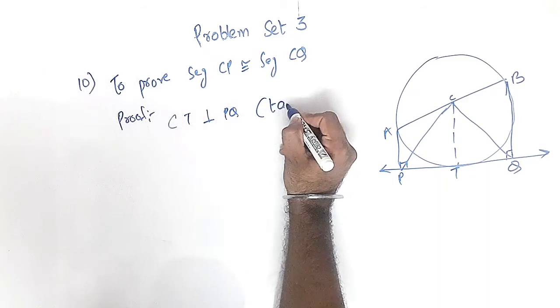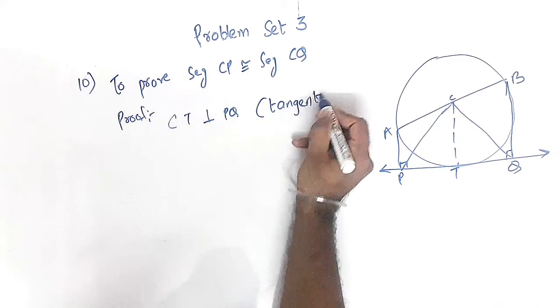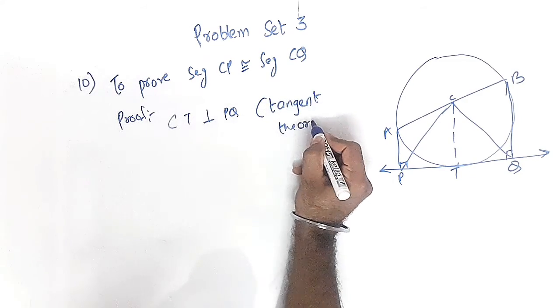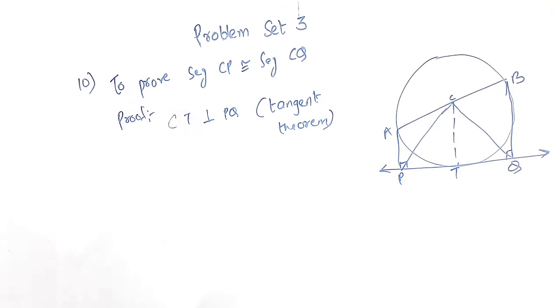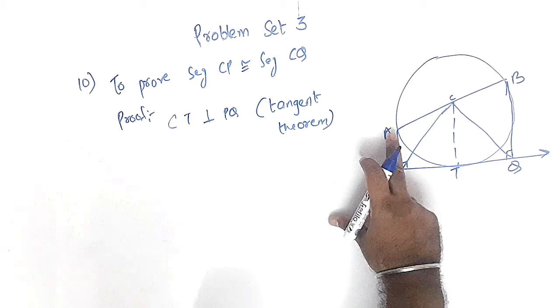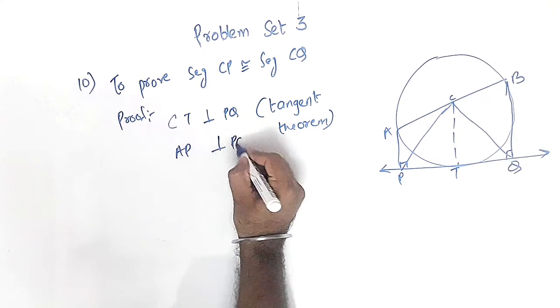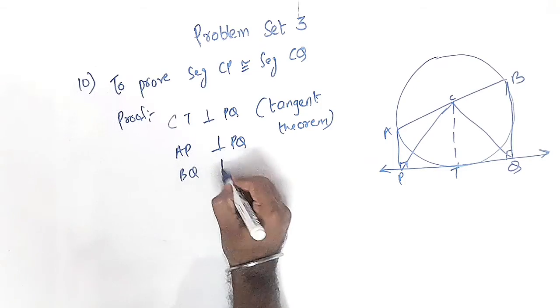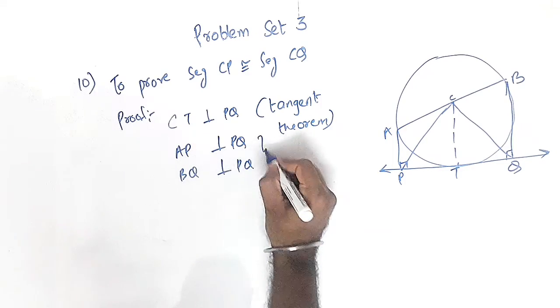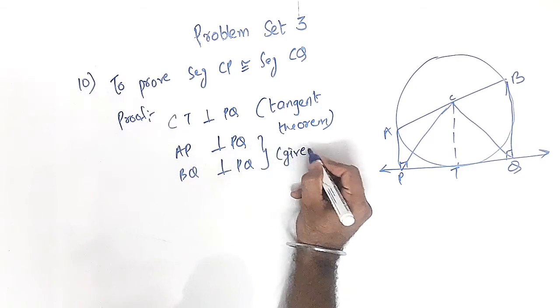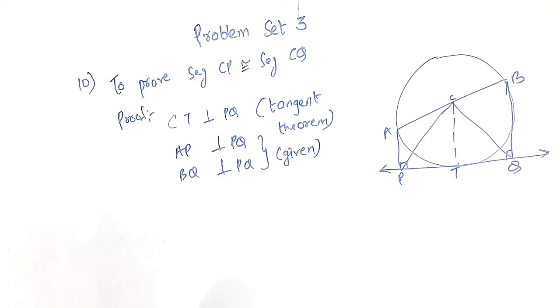I'm writing here tangent theorem, or you can also write radius perpendicular to tangent. Also you have AP perpendicular to PQ and BQ perpendicular to PQ. This both will have the same reason that is given.